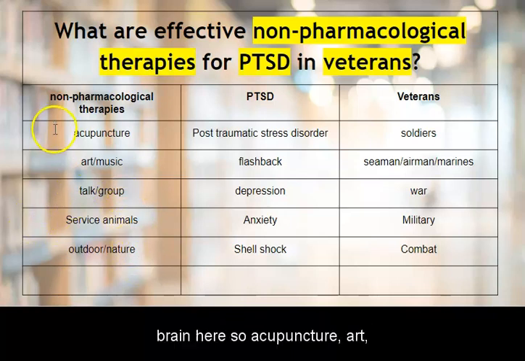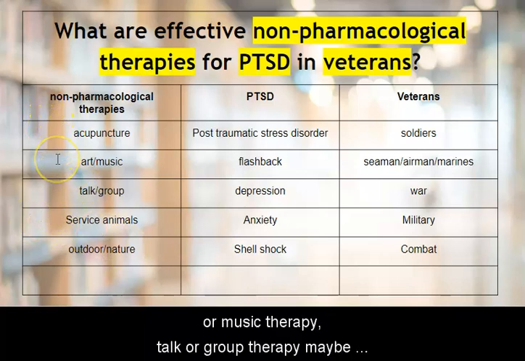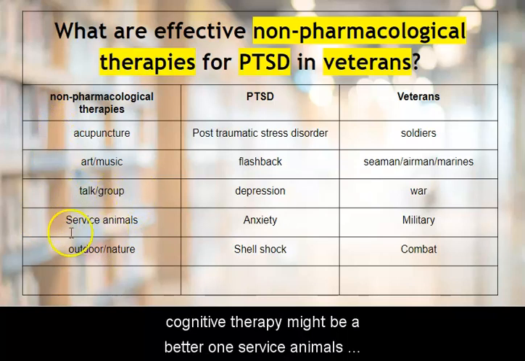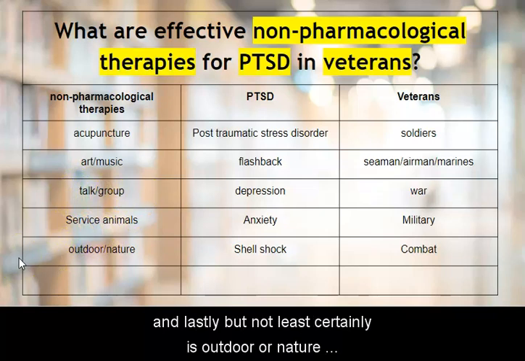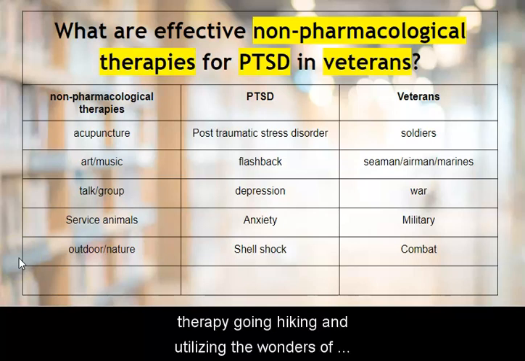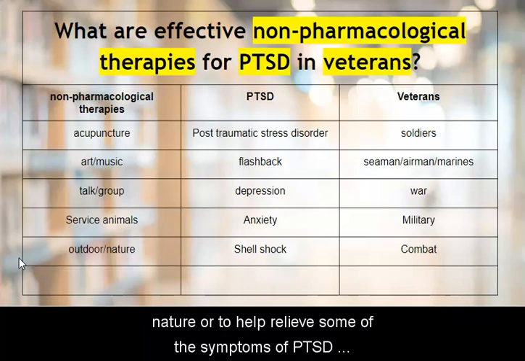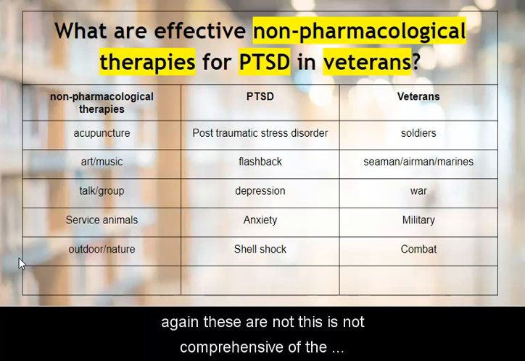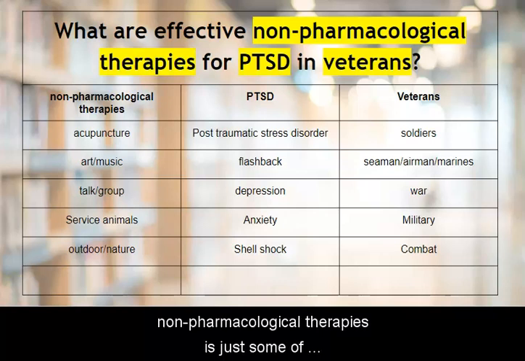So acupuncture, art or music therapy, talk or group therapy, maybe cognitive therapy might be a better one. Service animals, and lastly, but not least certainly, is outdoor or nature therapy, going hiking and utilizing the wonders of nature in order to help relieve some of the symptoms of PTSD. Again, this is not comprehensive of the non-pharmacological therapies. It's just some of them.